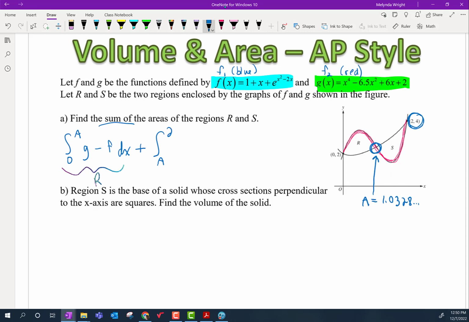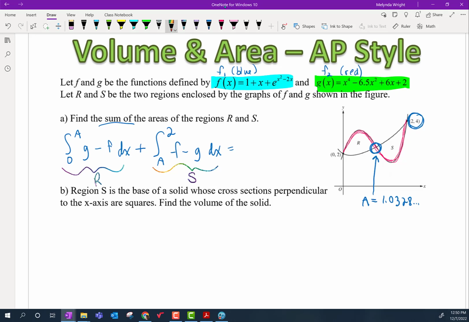So to 2, and this time we are reversed, right? It's not the G that's the big, it's the F that's the big. So this would be F minus G dx. And this actually calculated for us the area of region S. You don't have to write that on your paper. I just want to make note for us.